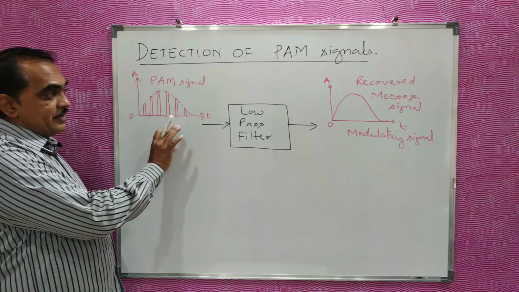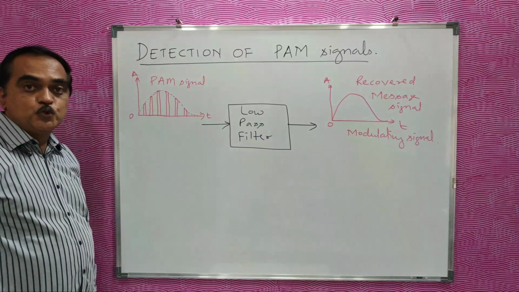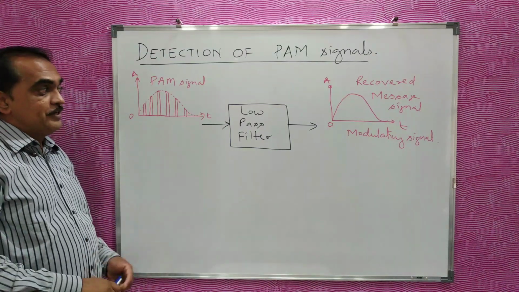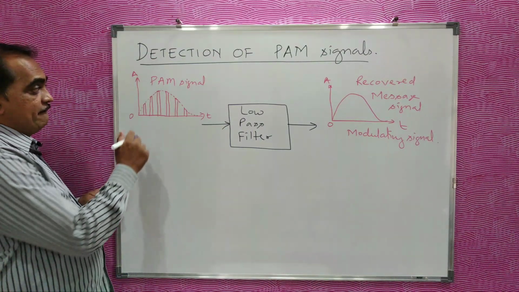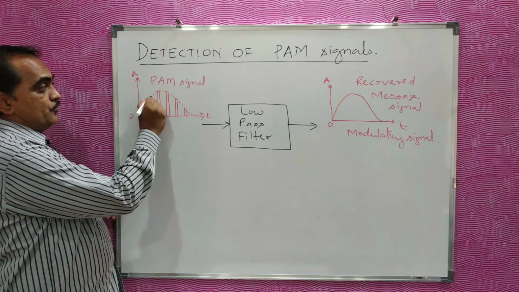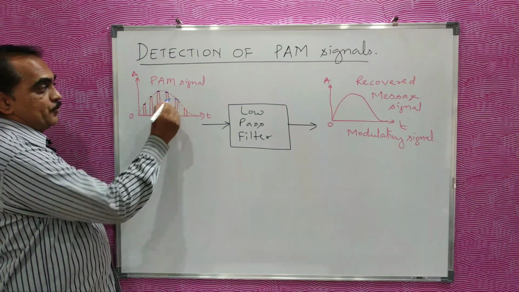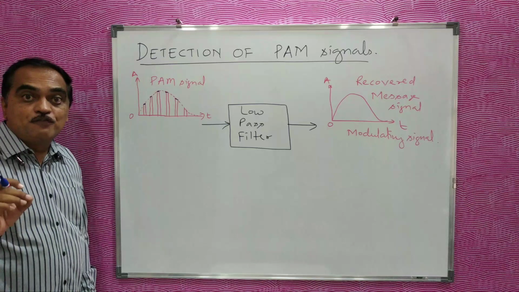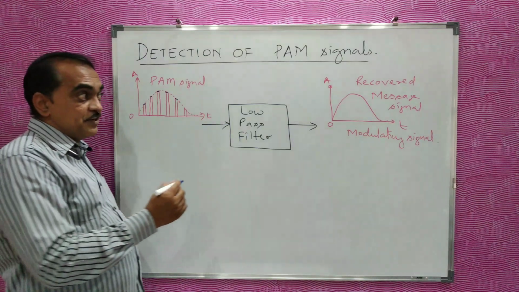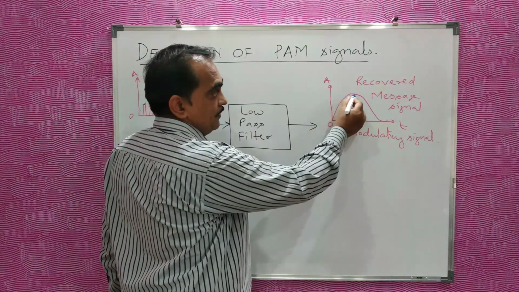These samples are given as the input to this low pass filter. The low pass filter will detect every amplitude of the samples, and it will generate a smooth wave at the output.